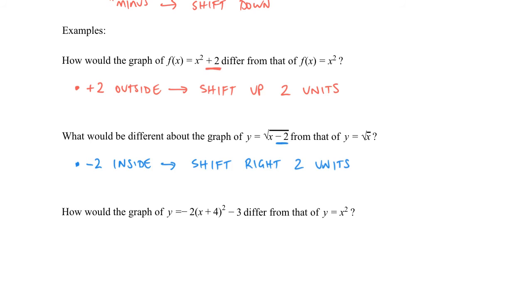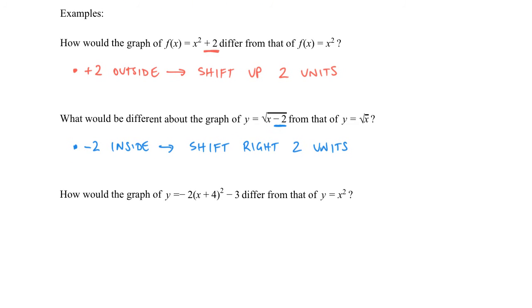Okay? And now that you understand how the horizontal and vertical shifts work, what we can do is start putting this all together with yesterday's, or the last, learning task. We're going to put these all together. So watch how I'm going to do this. I'm going to go through it one piece at a time from left to right. So I want you to notice this has a negative 2.